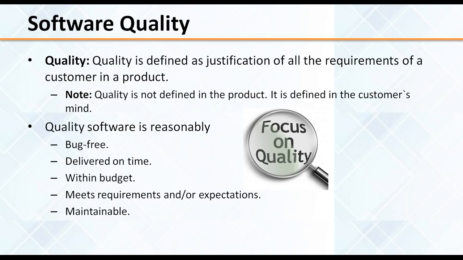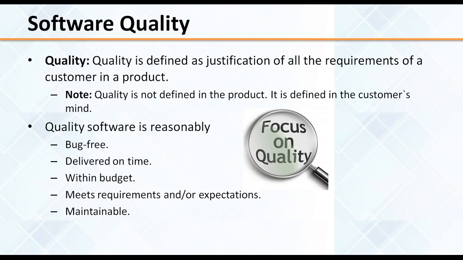Whoever purchased the software, whoever is using it, that person is responsible for telling whether the product is quality or not. That justification is provided by the customer. But on what basis will they provide the justification? They have to keep these points in mind. Quality software should be bug free, it should not have any bugs. That's one criterion. Not only that, the software should be delivered on time.